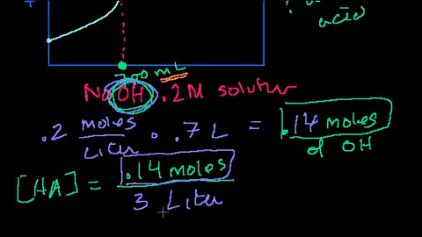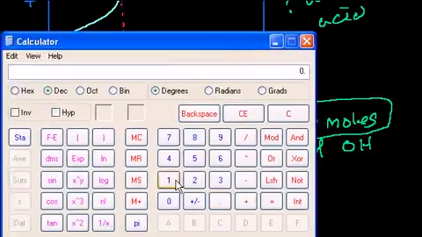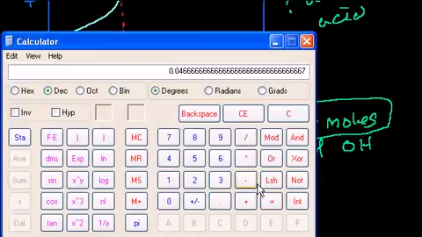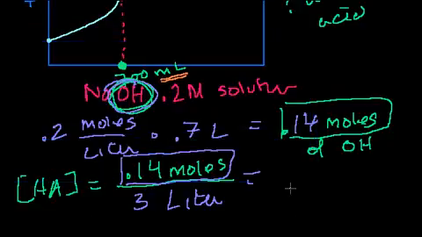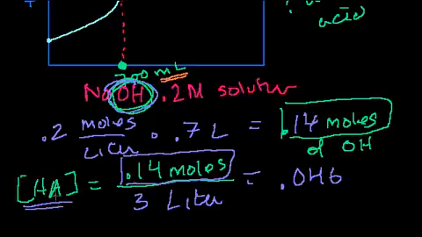And so you divide that by the number of liters, and then you have your original molarity. So 0.14 divided by 3 is 0.046. So your initial concentration of the mystery acid was 0.046 molar.